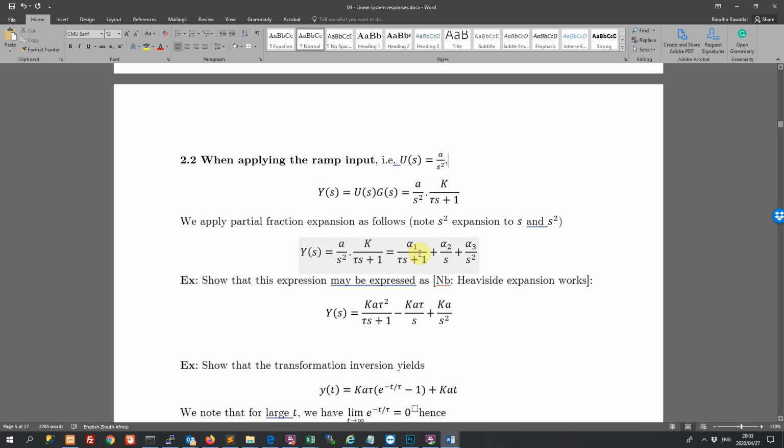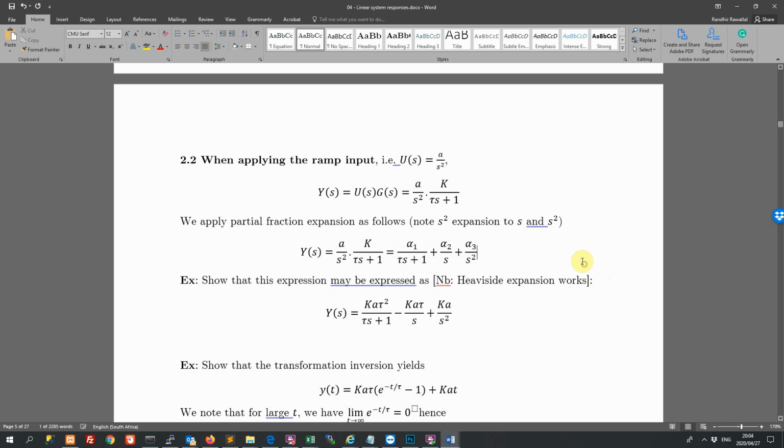So we can say, well, maybe there exists alpha 1 over tau s plus 1, plus alpha 2 over s, plus alpha 3 over s squared. And so if you propose this alternate way of creating this function, then it's just a matter of finding the alpha values which make this true. And you can find that by multiplying both sides of this equation by s squared times tau s plus 1.